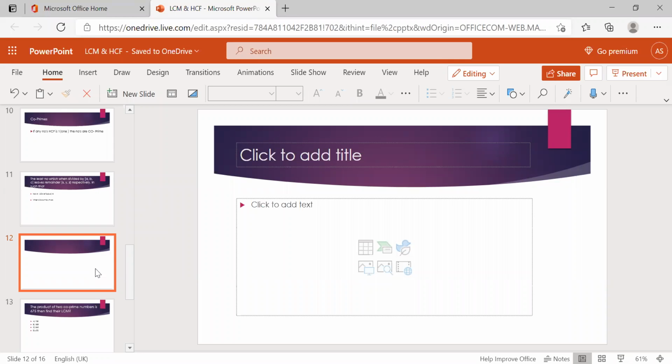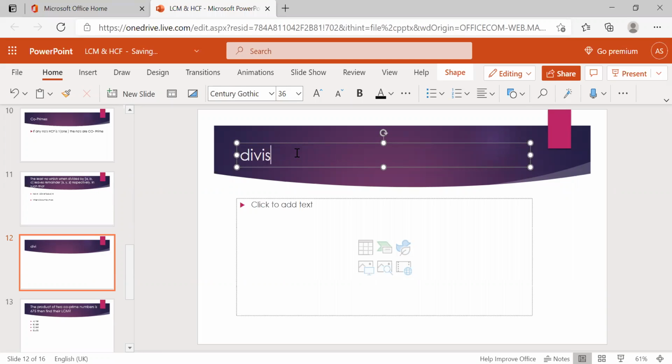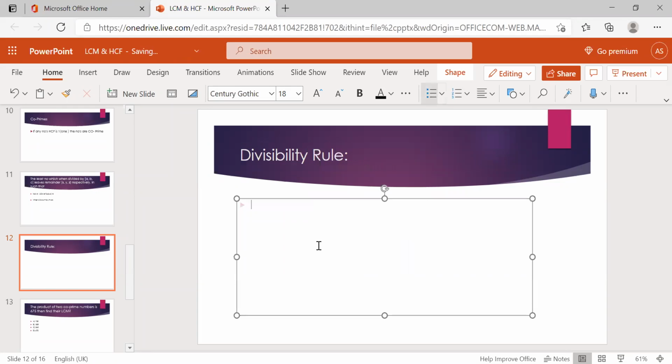Do you have any idea of the divisibility rules? If you want to solve HCF and LCM, you should know the divisibility rules of the numbers.